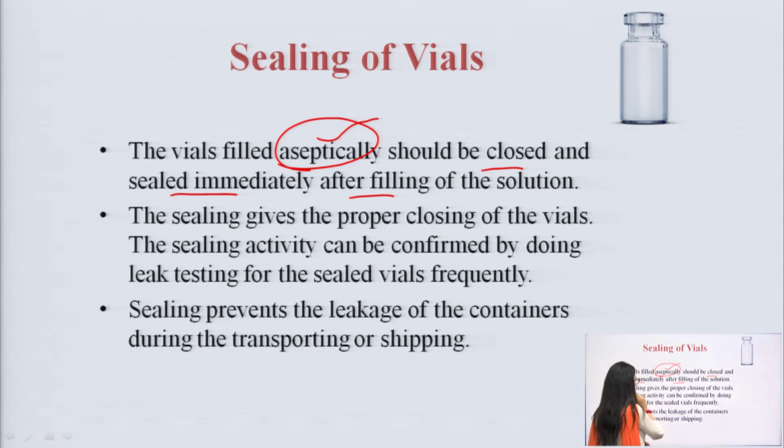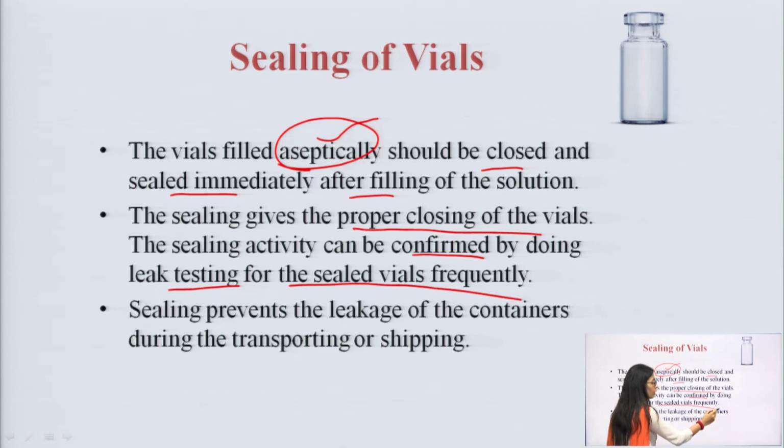The sealing gives a proper closing of the vial. We are doing sealing so that it provides a proper closing of the vial, so that the product should not move out and no contamination should enter the product. The sealing activity can be confirmed by doing a leak test for the sealed vials frequently. What is a leak test? We are going to learn further.